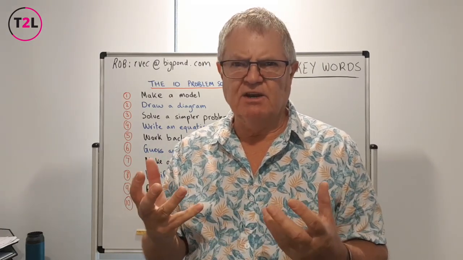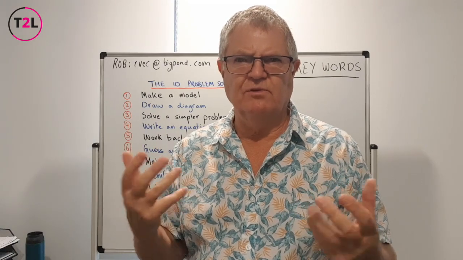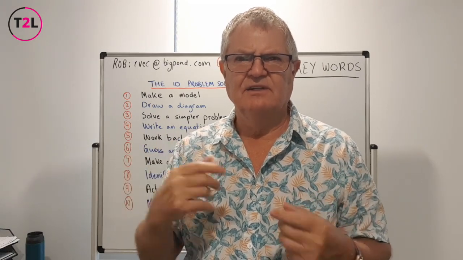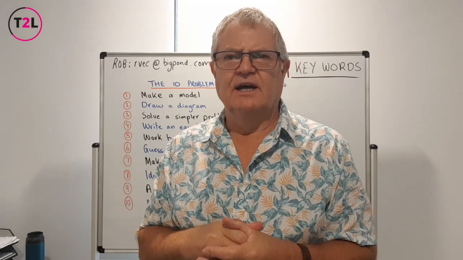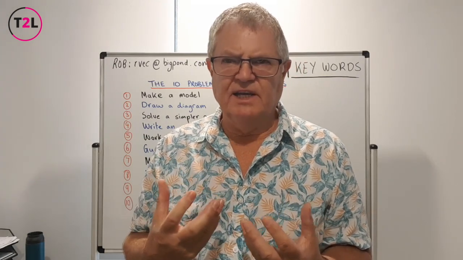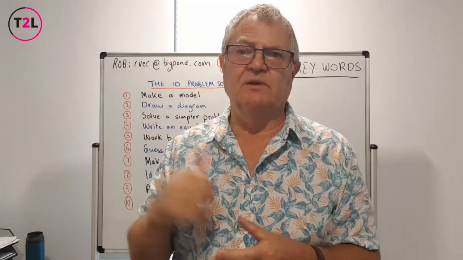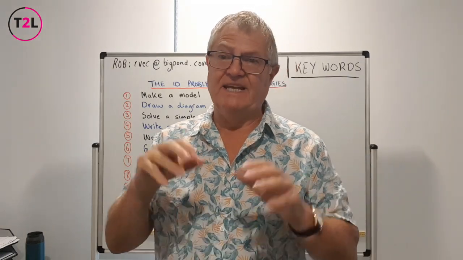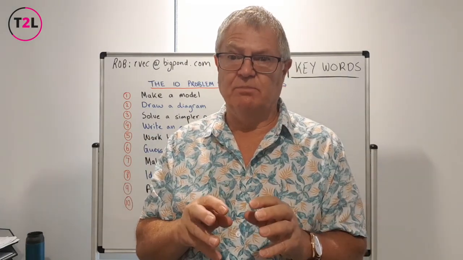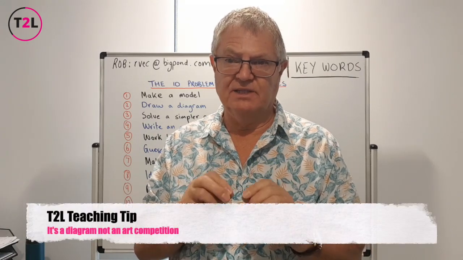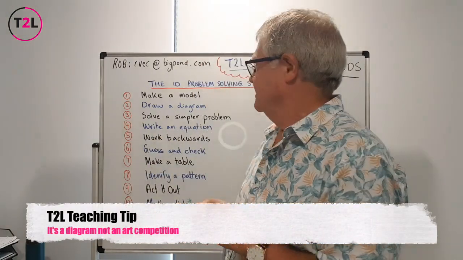How many people are sharing the cookies? So you might draw 3 or 4 stick figures and start handing out, drawing little circles for cookies underneath those stick figures. So it's just a way of getting into the problem. Very popular with kids. It's draw a diagram, but the emphasis again, don't draw a picture. It's not an art competition. The word diagram is the key word there.